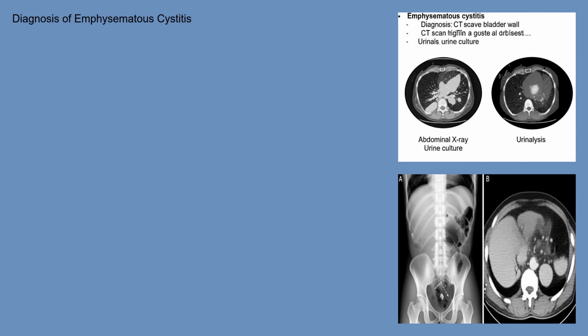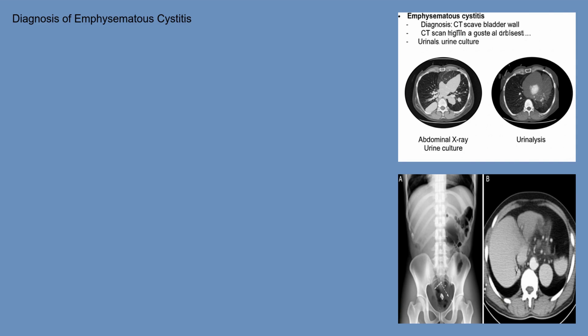Diagnosis of emphysematous cystitis typically involves a combination of clinical evaluation and imaging studies. Urinalysis is a crucial first step, revealing signs of infection, such as white blood cells in the urine and bacteriuria, bacteria in the urine. Urine cultures are essential to identify the causative organism and determine its antibiotic sensitivities.